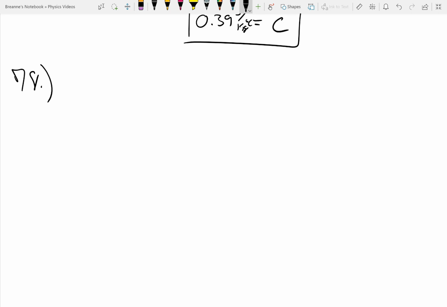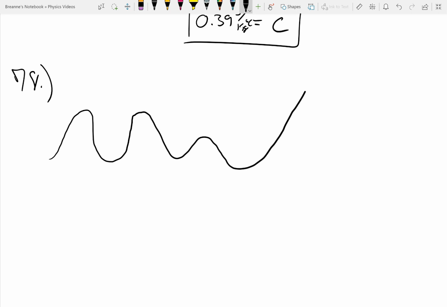Now, a couple of things with the roller coaster. Remember, in a perfect physics world, this is where you start, and you cannot get any higher.